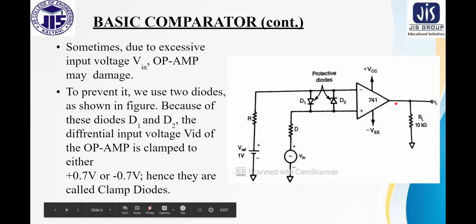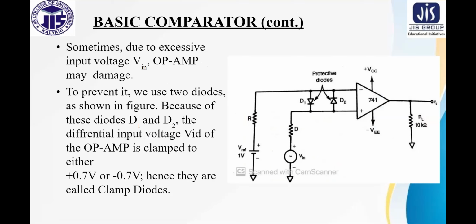Next, this is actually the basic comparator circuit using op-amp. Due to excessive input voltage, sometimes the op-amp may be damaged. So these two protective diodes D1 and D2 are used before the op-amp connection.